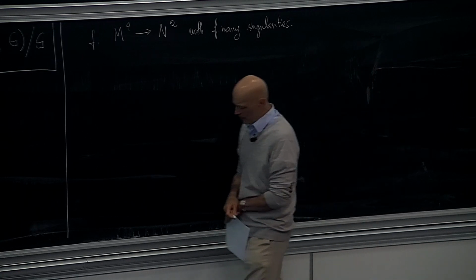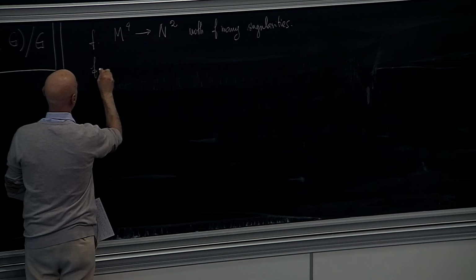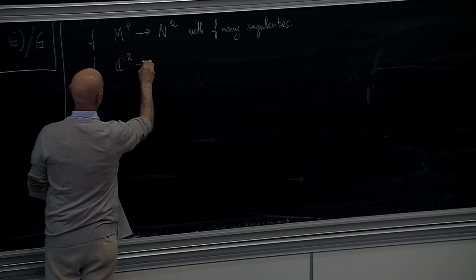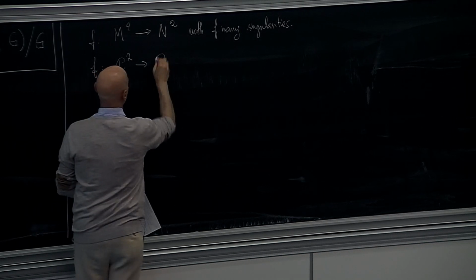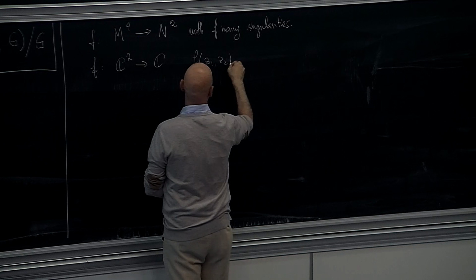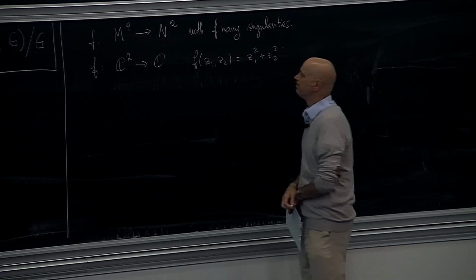Well, let's say the typical case would be when in local coordinates f is identified to the map f(z1, z2) = z1^2 + z2^2.